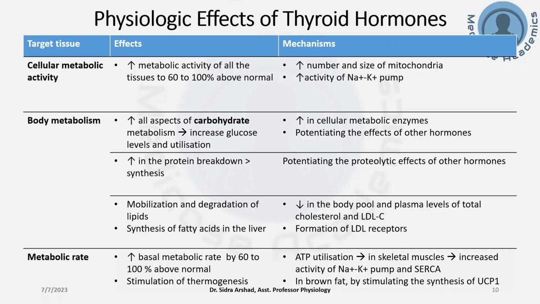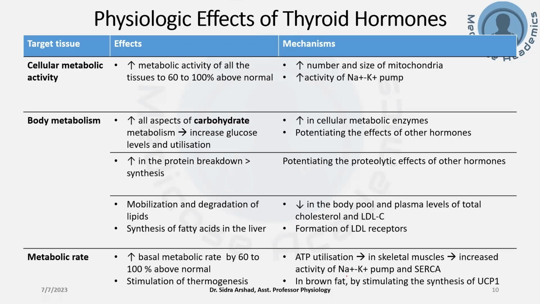So, metabolic rate is increased by the thyroid hormones. They increase the metabolic rate by 60 to 100% above normal in certain cases, and they also stimulate thermogenesis. They increase the ATP utilization, especially in skeletal muscles, where there is increased activity of the sodium-potassium pump and sarcoendoplasmic reticulum-associated calcium ATPase.